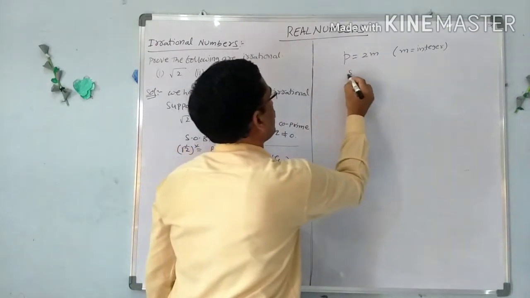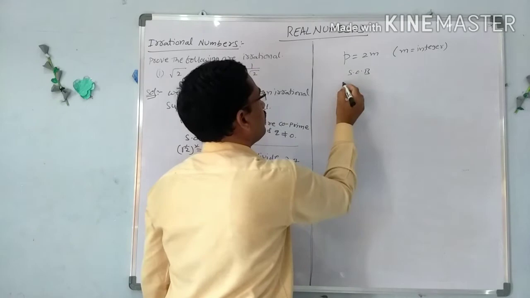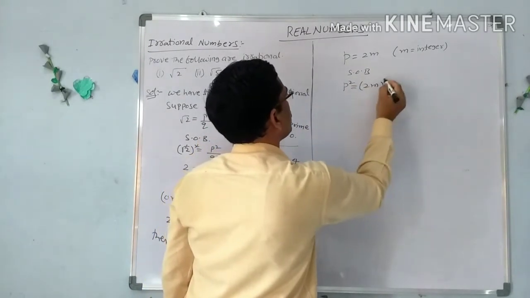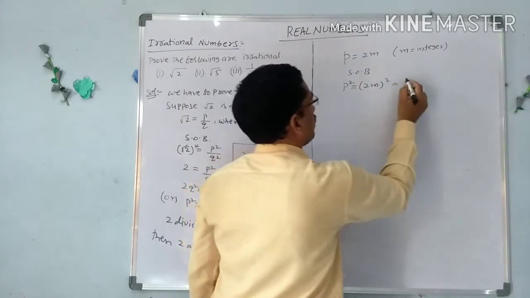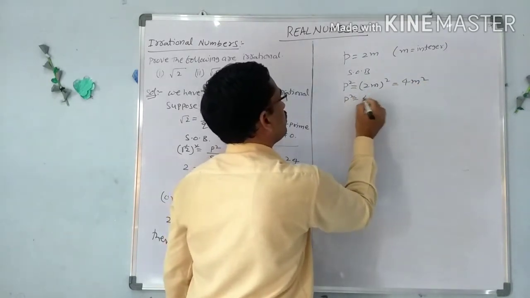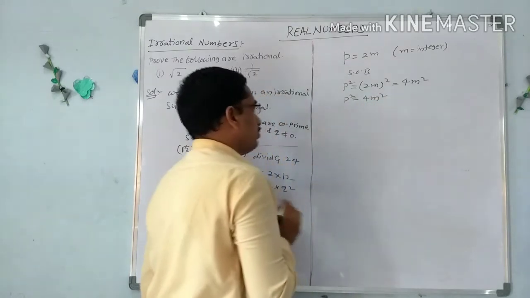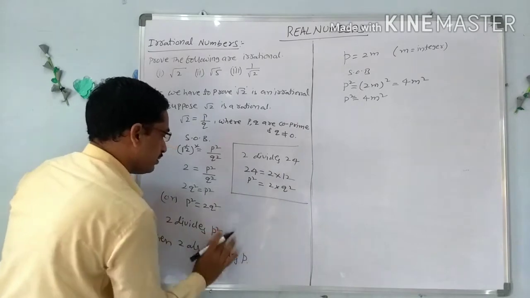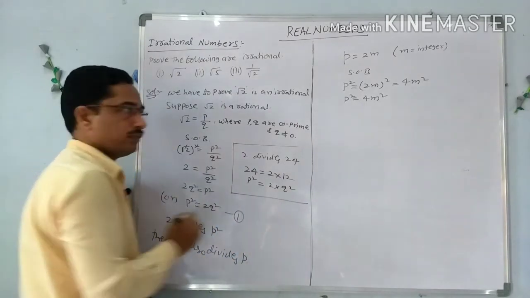Now squaring on both sides, p square equals 2m whole square, so p square equals 4m square. Say this is equation 1.